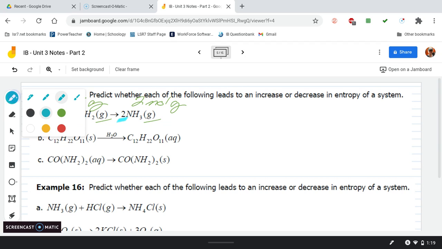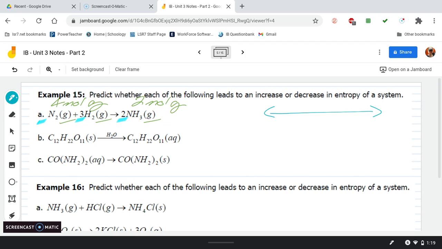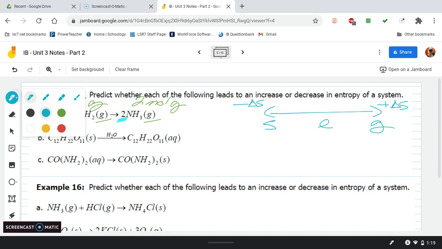So if we write down our line, gas over here, solid over here, liquid in the middle. This is a plus delta S if we go that direction. This is a minus delta S if we go that direction. So we had 4 moles of gas, but now we only have 2. So if we think about it in terms of our arrow, we're actually going this way.